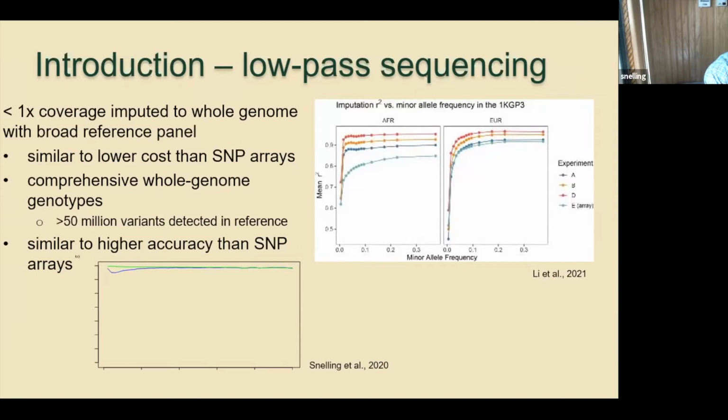And this can be similar or lower cost than SNP arrays, and we get much more comprehensive genotypes. And some recent work shows that the imputed genotypes can be more accurate than genotypes called from the array.